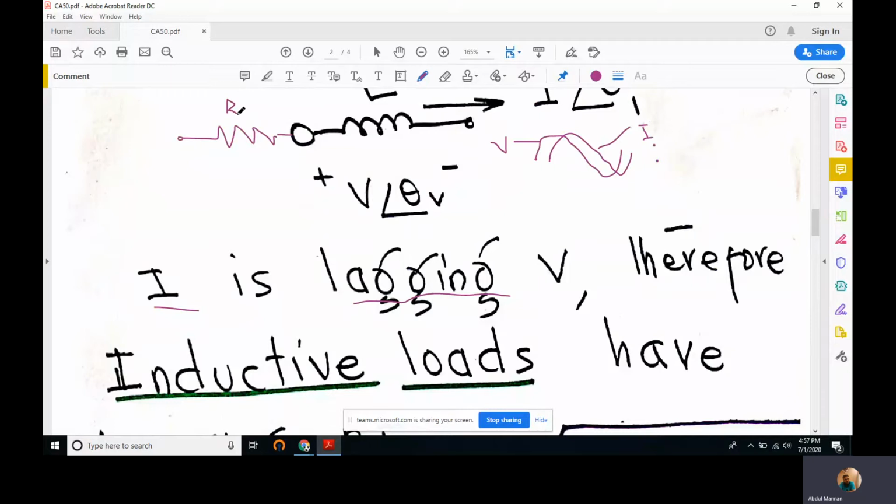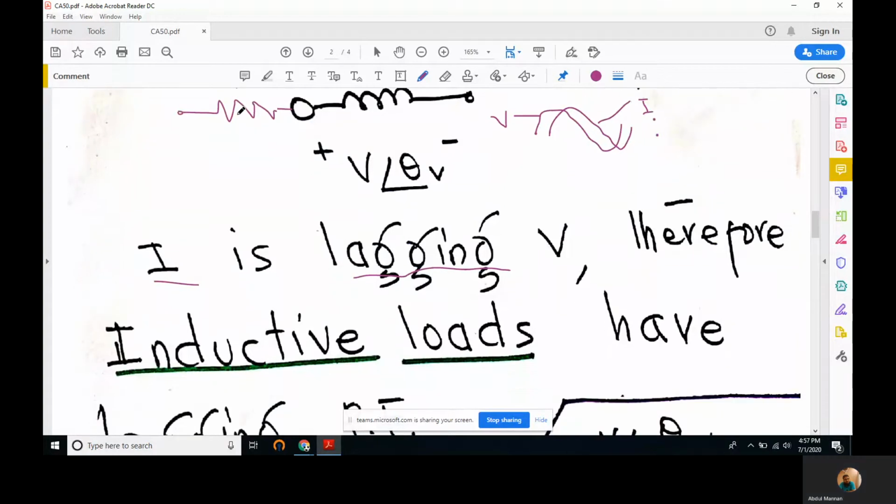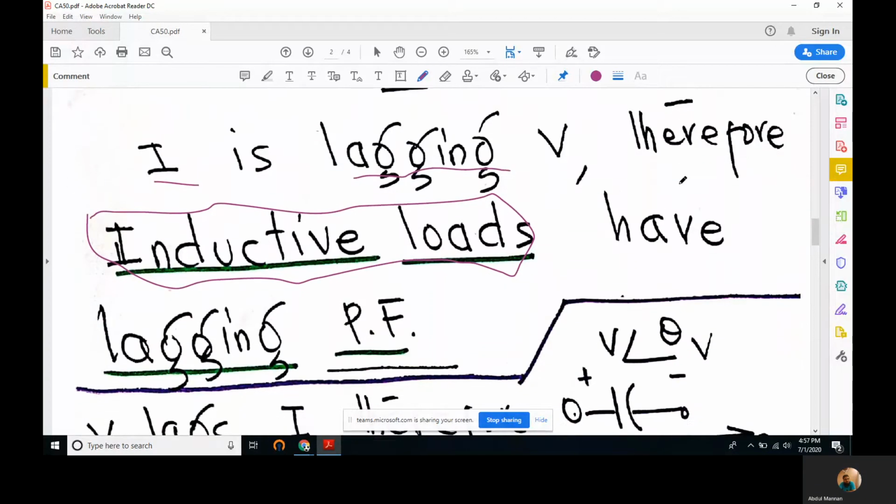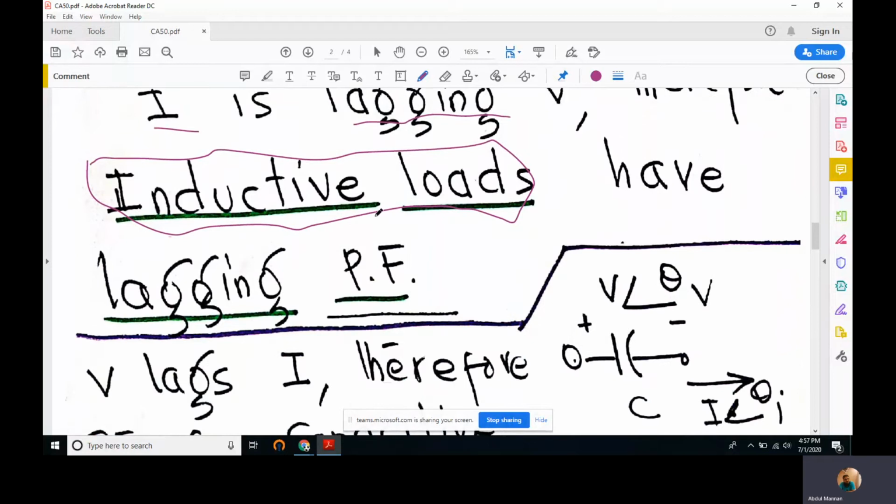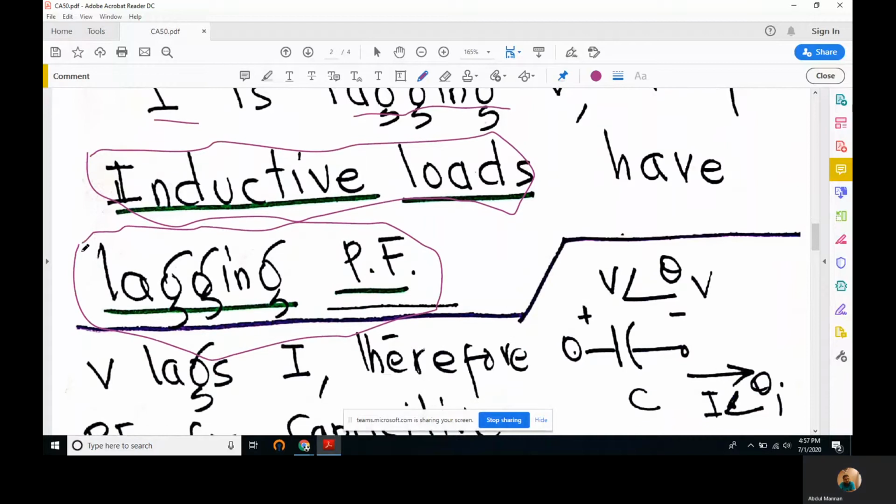For inductive loads in general, this combination of resistor and inductor, we call it inductive loads. So for inductive loads, it's always the case that current lags voltage. So it has a lagging power factor between 0 and 1. The value is between 0 and 1, but it is lagging.